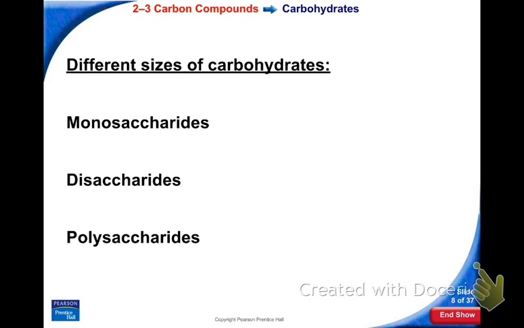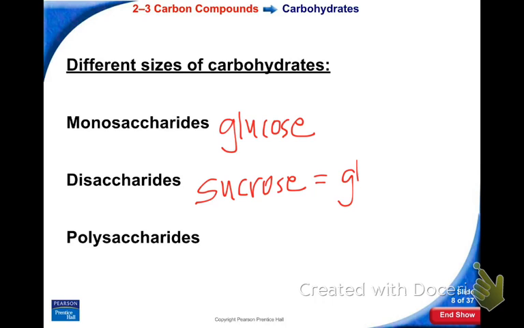Mono means 1 sugar. Di means 2 sugars. Poly means many sugars. So, different sizes. This is going to be glucose. Disaccharides, an example is sucrose. If you take a glucose and you connect it to a fructose, you get sucrose.